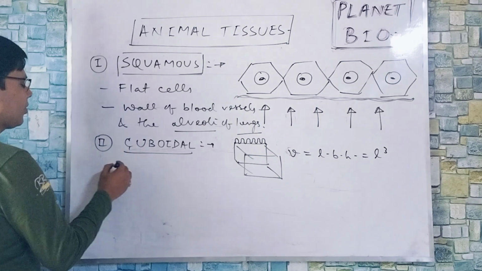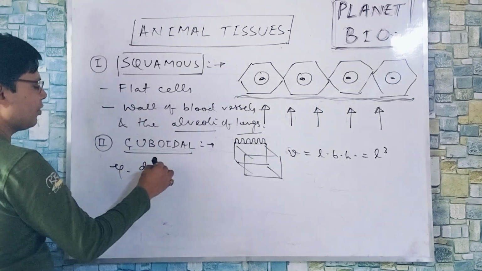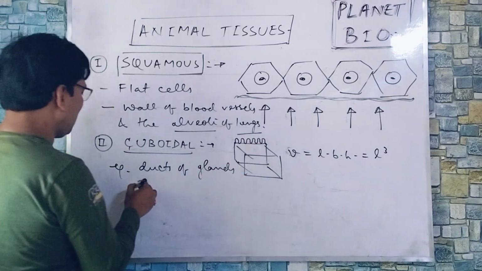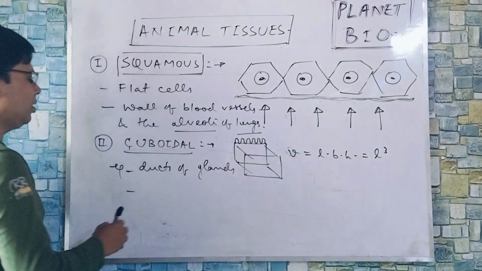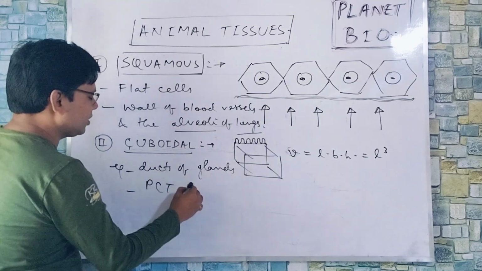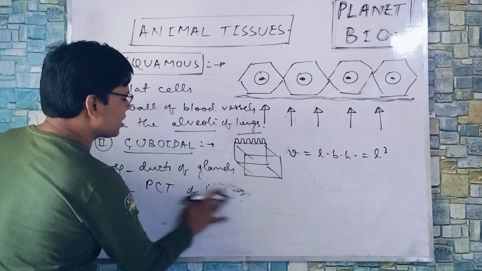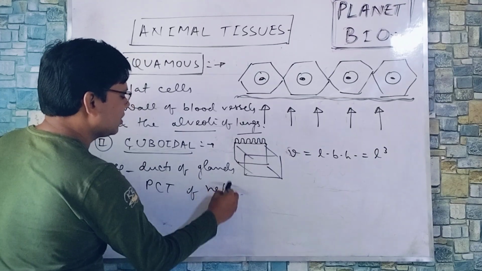Cuboidal. So found in ducts of glands, and as you can see, PCT of kidney, proximal convoluted tubule of uriniferous tubule or nephrons of kidney.